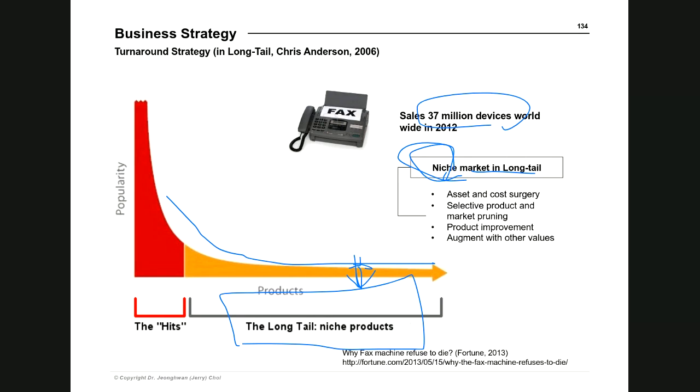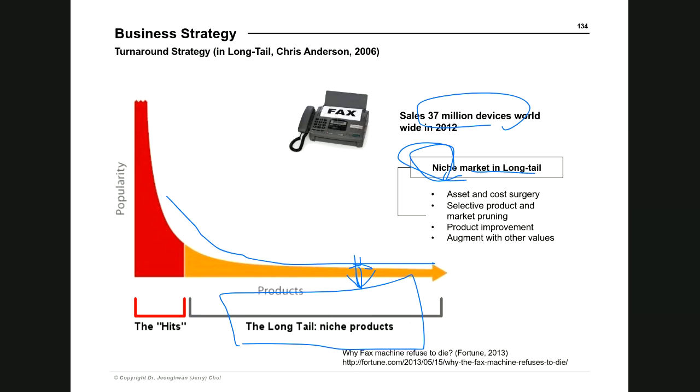That is now happening, really. Because the facsimile is the only official way to get official documents in the world, especially for government offices. Government offices accept only papers or documents through the facsimile. No email, no WeChat.